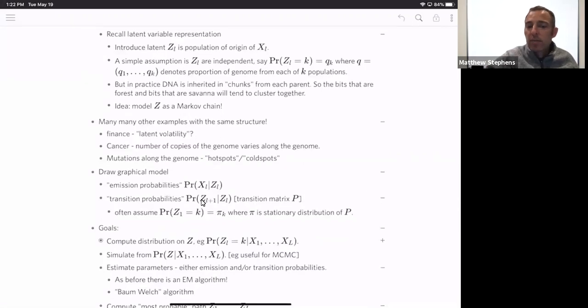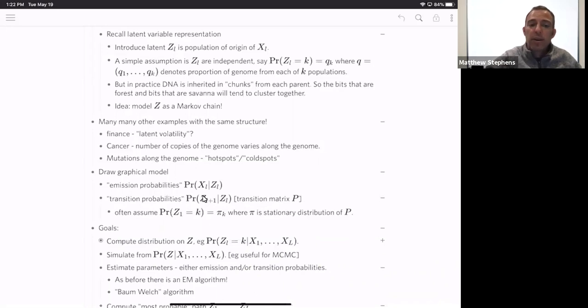And the transition probabilities are the probabilities that determine how you transition between states of the Markov chain. So there are two sets of parameters, the emission probabilities and the transition probabilities, and one or both of these may be known or not.